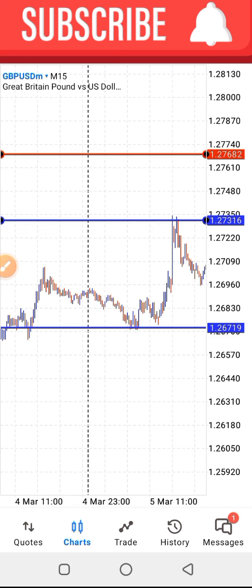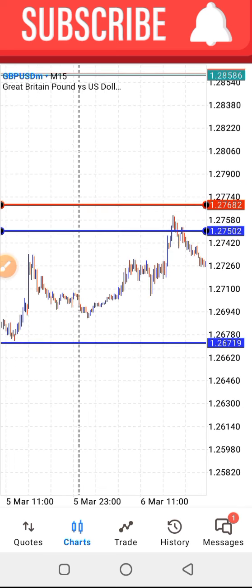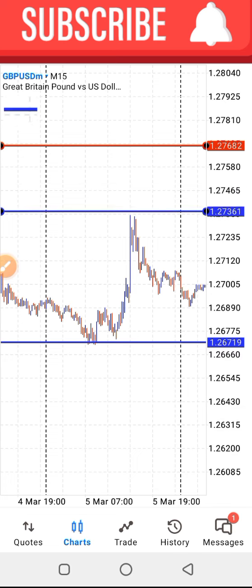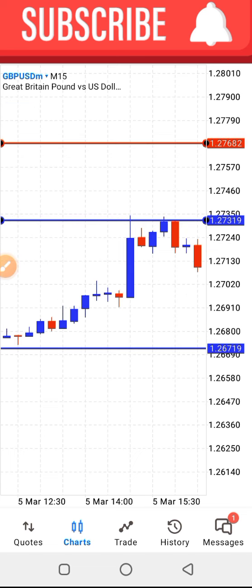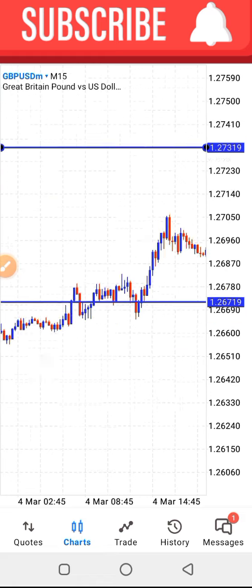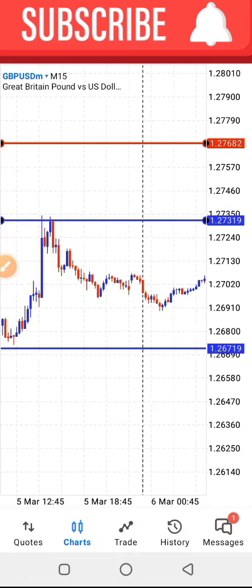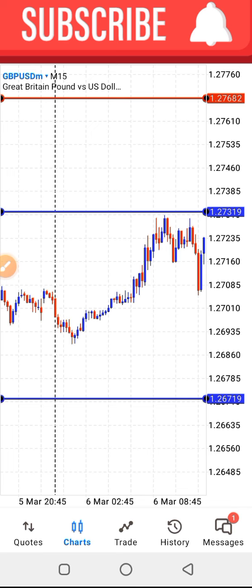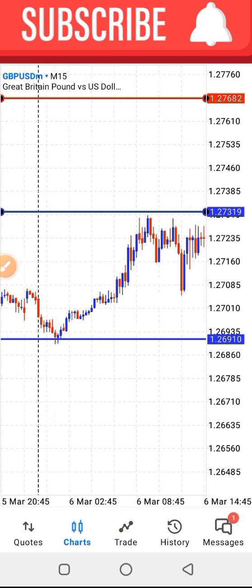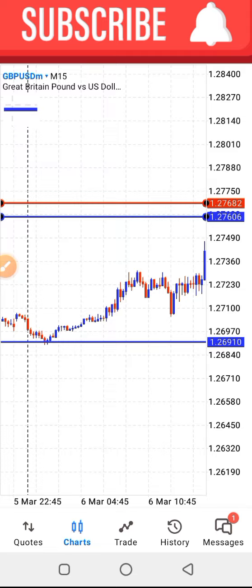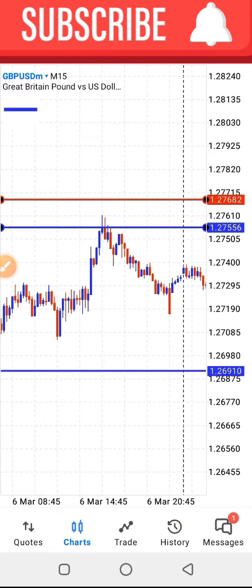And the highest point for Wednesday, let's see. Okay, highest point for Wednesday is right here. Let me zoom in. Let me be sure it's Wednesday, so let me go back and count. Okay, this is Monday. This is Tuesday. Oh, what I was marking is Tuesday. So this is the lowest point for Wednesday, and this is the highest point for Wednesday, right here.